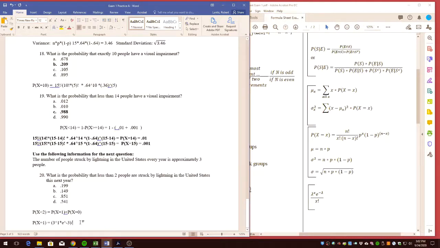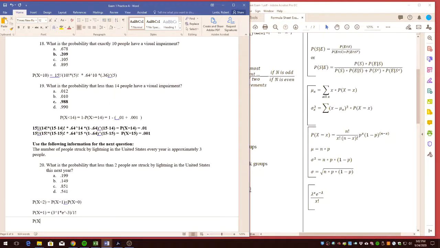So my x is 1 factorial. Right? I then want the probability that x is equal to 0. Same kind of idea, except for now, my lambda is the same. It's still 3, but my x is now 0. So 3 to the 0 power times e to the negative lambda divided by x factorial.